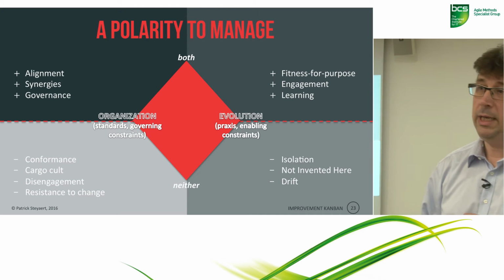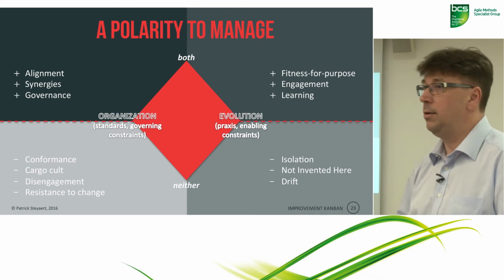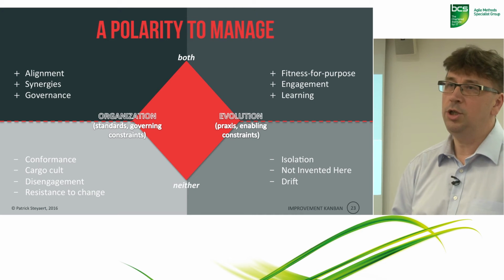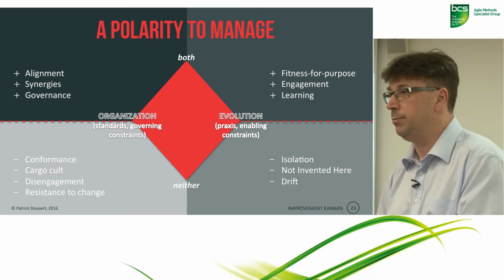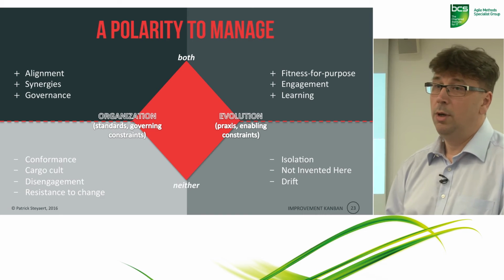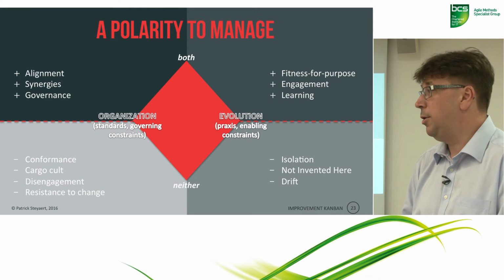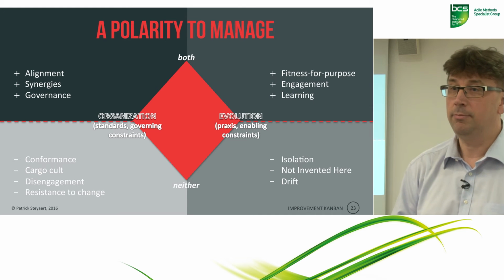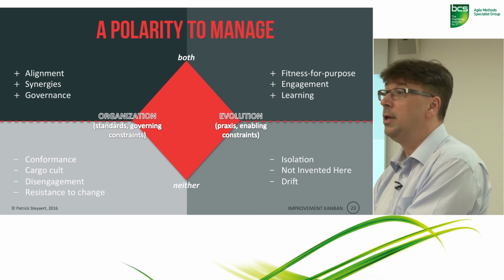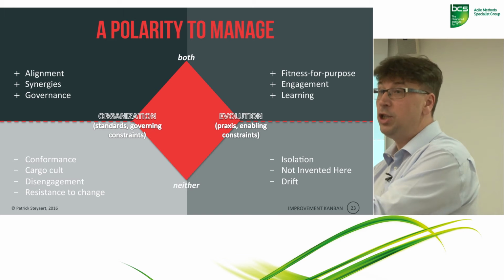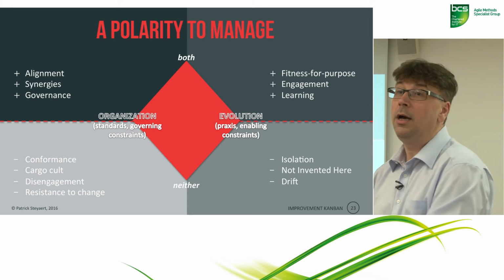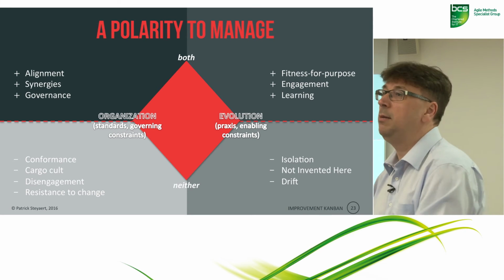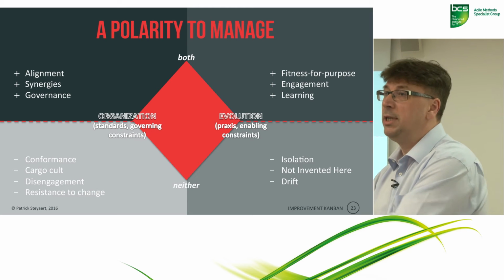Now, in order to do so, I admit we do need to overcome a number of obstacles. One obstacle is the polarity, or the perceived contradiction, between organization and evolution. Most teams are not completely independent. They work in an organization. From a team perspective, you want to have an evolutionary change, you want to optimize the working of the team by the team in their own particular way.